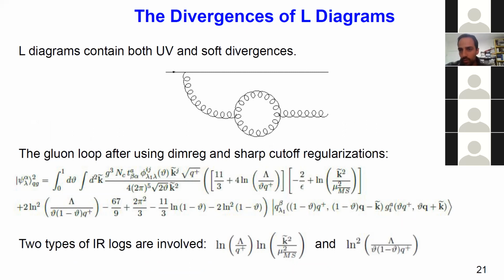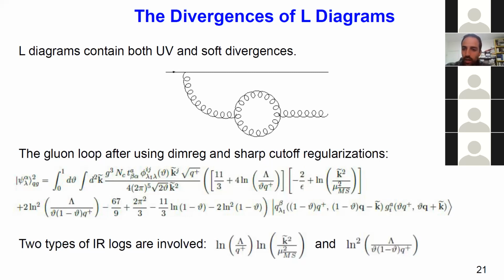Let me give you more precise information about how the result looks. For example, let us pick the case of a gluon loop. You can see here the result that we found after doing all the regularization procedure.